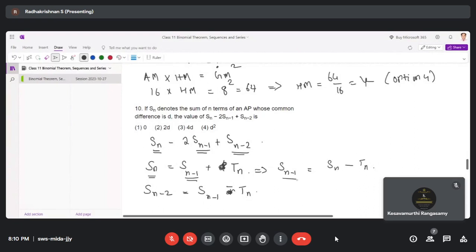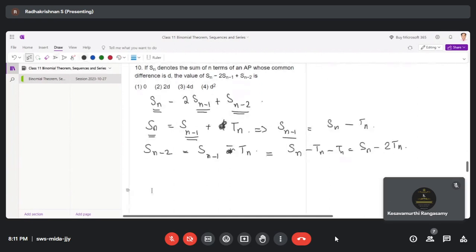Just like Sn minus 1 equals Sn minus Tn, in the same way Sn minus 2 equals Sn minus 1 minus Tn. But here we know that Sn minus 1 is Sn minus Tn, so it will become Sn minus 2Tn. Now if we substitute, terms will get cancelled out and we can easily evaluate that expression. So these are simple relations between the terms that I have written. Sum to n terms and sum to n minus 1, etc.